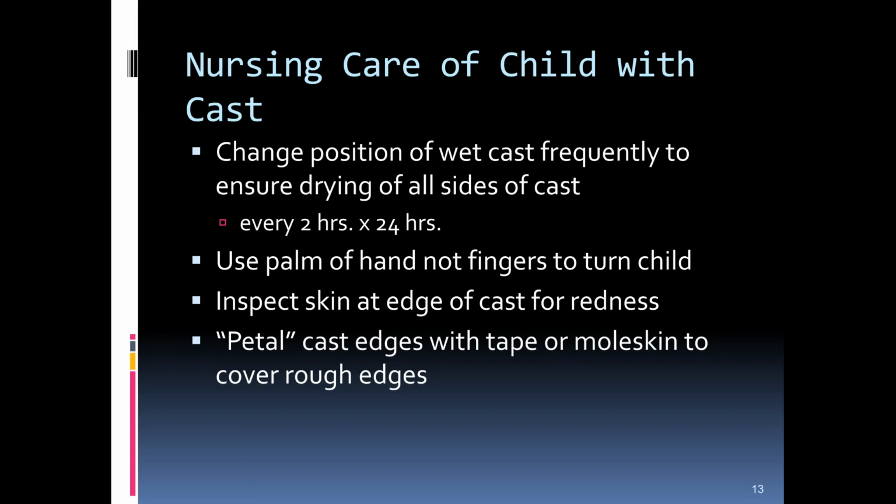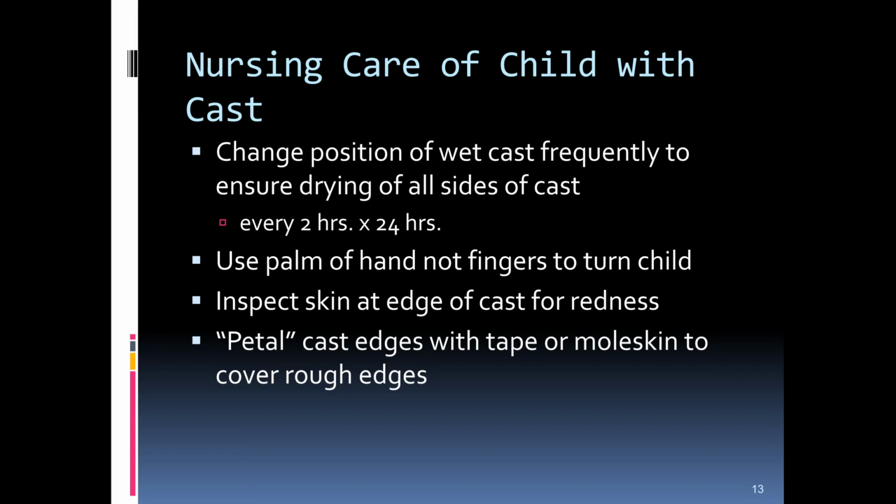But this protects the cast from urine and stool, and it also protects the skin from sitting in urine and stool if the cast is exposed to it. So that's really important if they are in casts that are all the way up to the groin. And then you obviously want to do neurovascular checks frequently to assess for compartment syndrome.